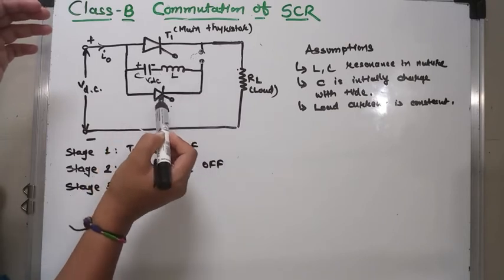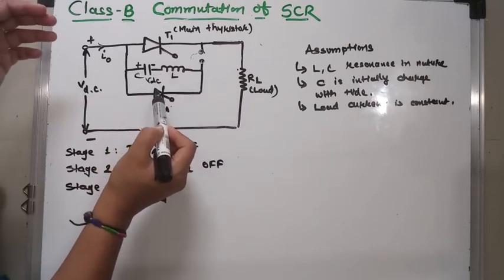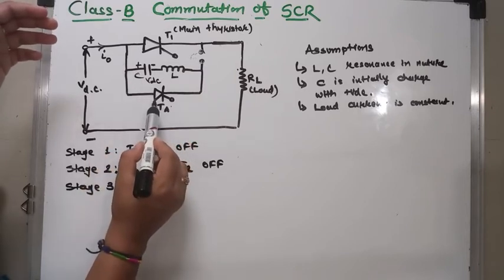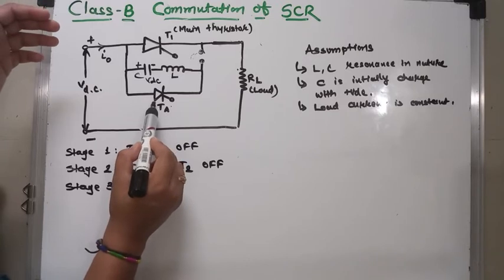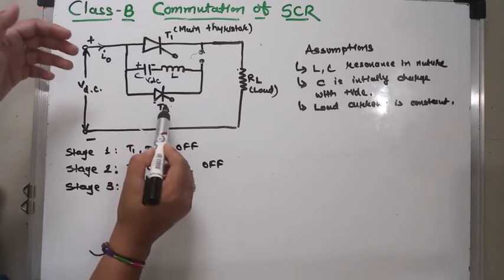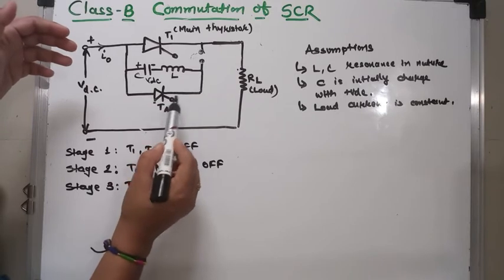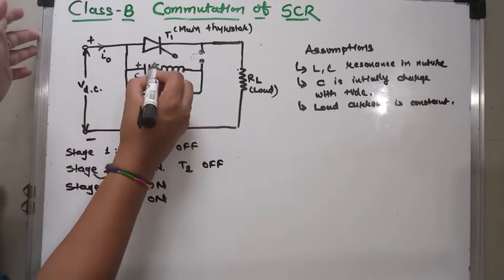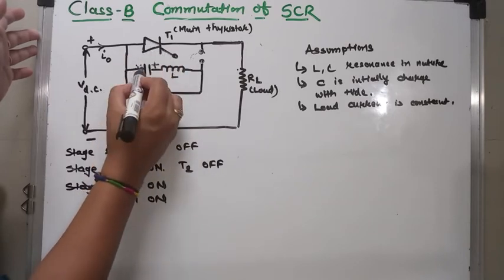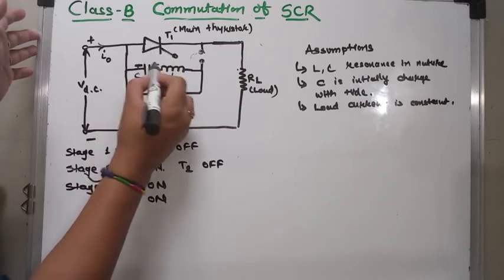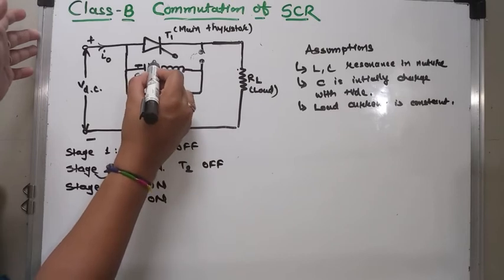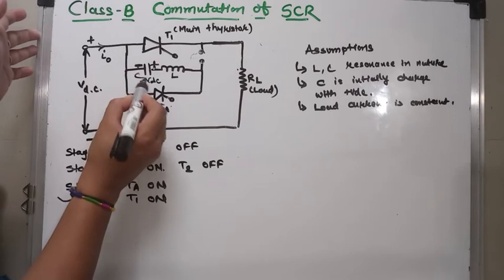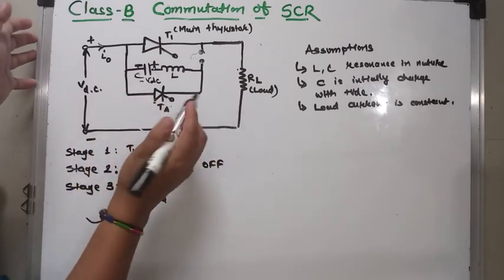So what will happen? When the capacitor discharge current attains the zero value, at that time the anode current of the auxiliary thyristor is 0, meaning below the holding current, and TA is turned off, and the capacitor is charged in the opposite direction, here a positive and here a negative, as the capacitor is charged in the opposite polarity, so it is minus VDC, and TA is turned off.